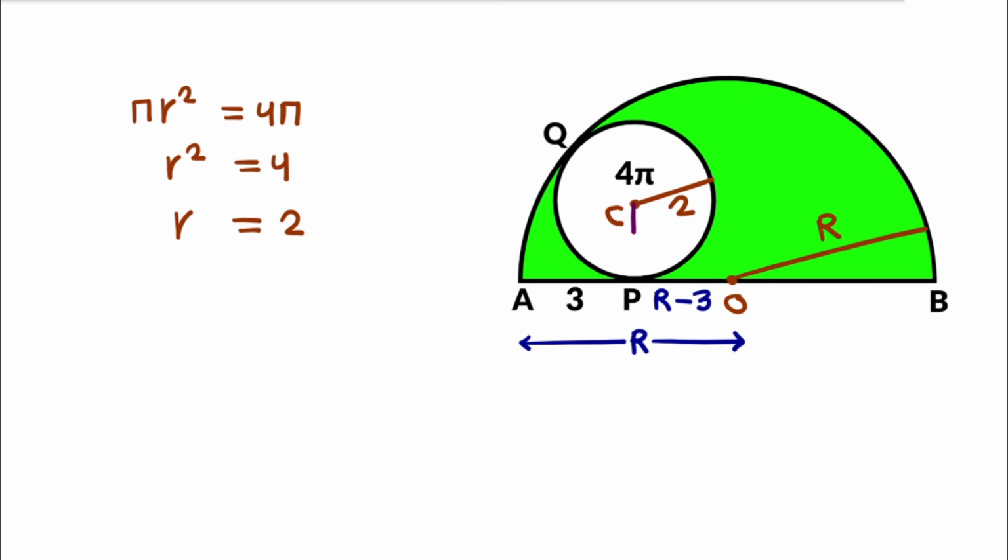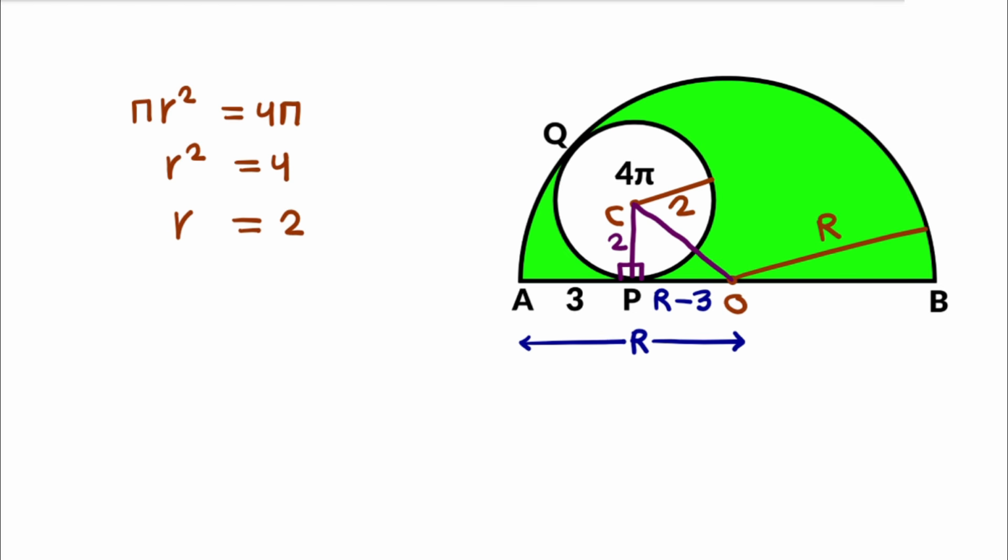Now connect C to P. Because P is the point where the small circle touches the diameter, CP is a radius of the small circle, so CP equals 2. And because a radius is always perpendicular to a tangent at the point of contact, CP is perpendicular to AB. Next, connect O to C.